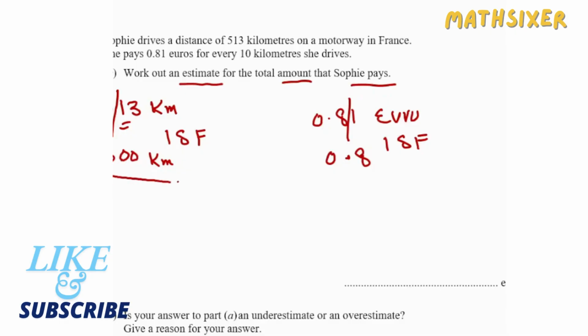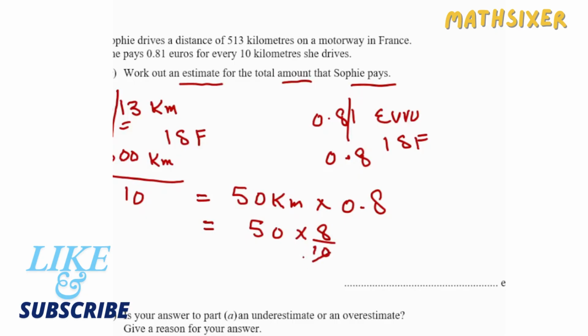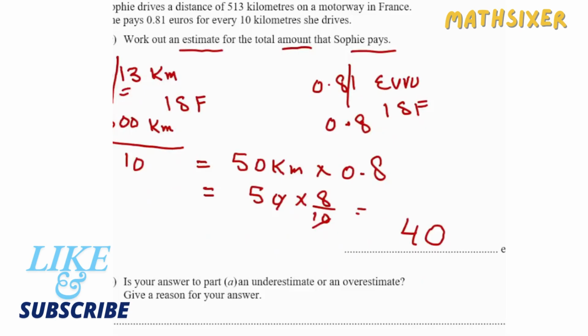We divide 500 by 10, so we're left with 50. And then we multiply it by 0.8. If we write it like this, 50 times 8 over 10, this 0 and this 0 cancel out, and 5 times 8 is 40 euros. Correct?